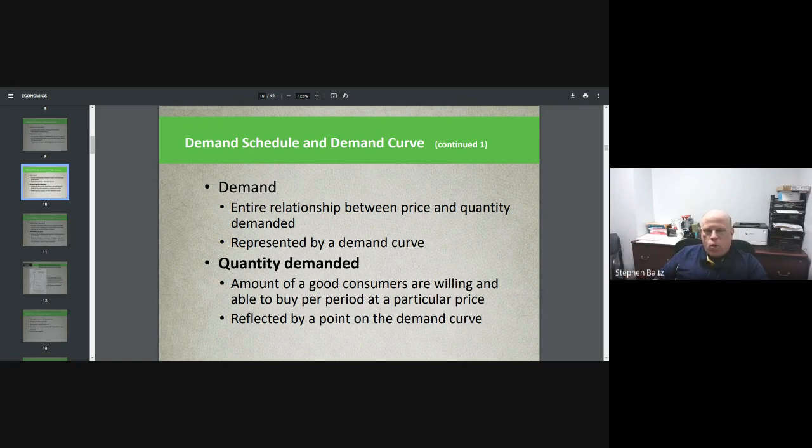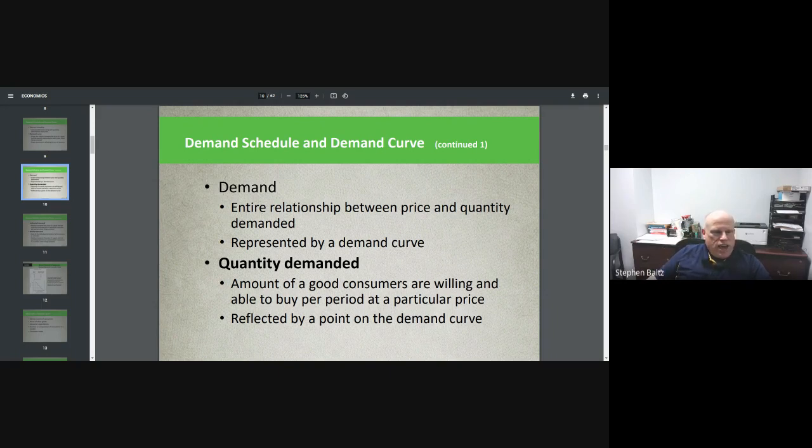So when we're talking about quantity demanded, we're always looking at one particular price. We're basically saying that consumers are willing and able to buy a particular number of a particular good, for example, this many pizzas at this particular price. Okay. And it's always one point along a given demand curve.